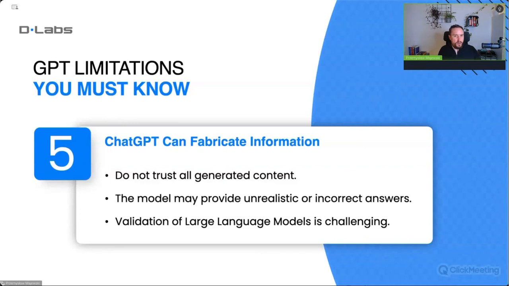It's also essential to recognize that ChatGPT can sometimes fabricate information. You cannot trust all generated content, as the model may provide unrealistic or incorrect answers, and validating the accuracy of large language models can be pretty challenging. So it's crucial to approach their outputs cautiously.